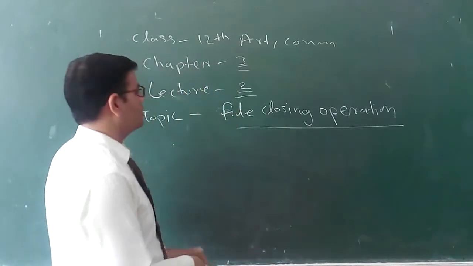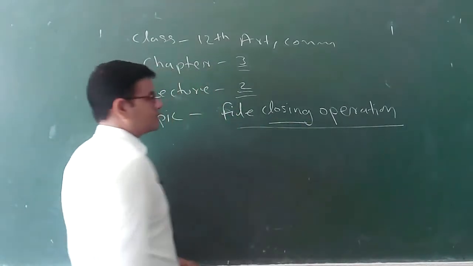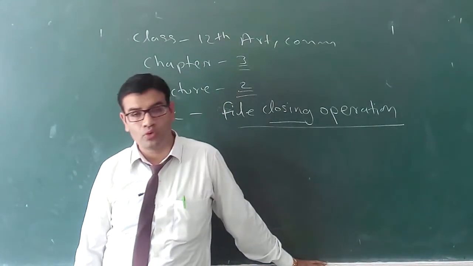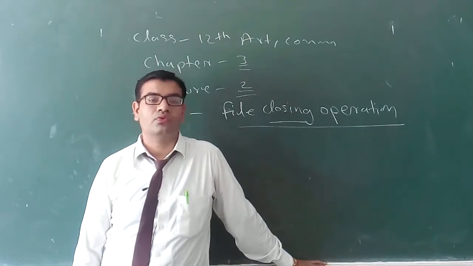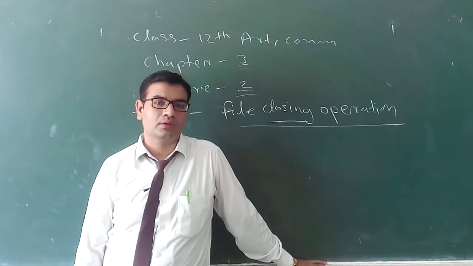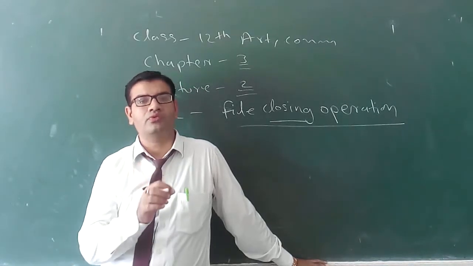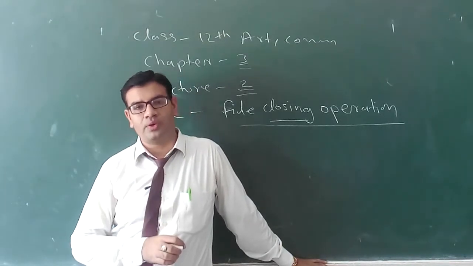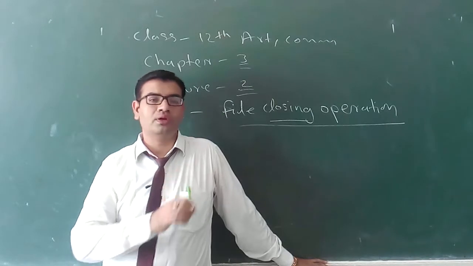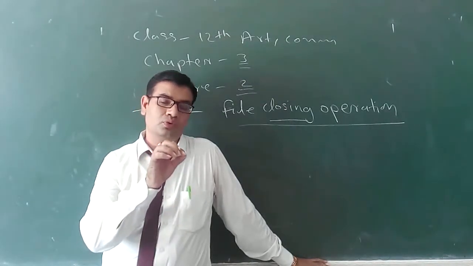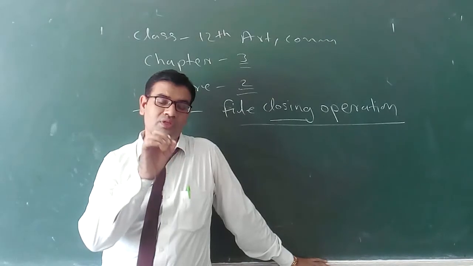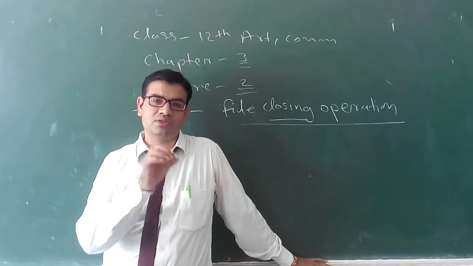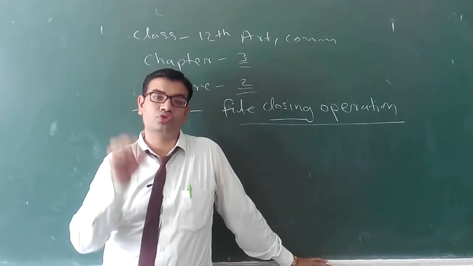So our next operation is the closing operation. Why do we use the closing operation? This is necessary, mandatory and essential, because if we open a file, then this opened file will take space in computer memory. If we don't close it, it will keep taking space in memory and processing time from the processor. The processor will keep processing this file as long as possible.